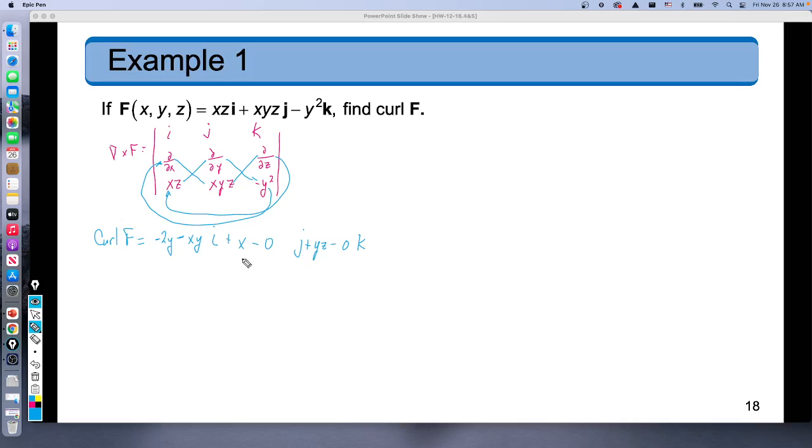Okay, so let's see, what do we end up with? So we get the curl of f. I guess you could factor stuff, but you could just say minus, let's see, take the y out. Maybe take a minus y out.